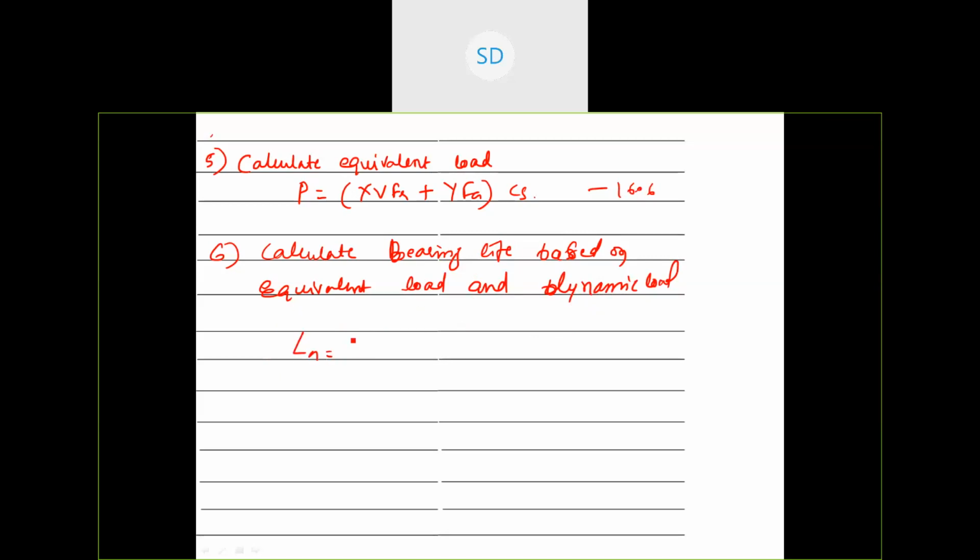Ln equal to C divided by P to the power of 3 for roller bearings, and Ln equal to C by P to the power of 3.33 for ball bearings.